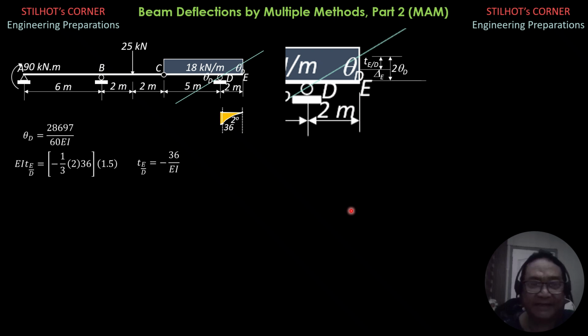For theta E, because this is E, draw a line from D to E, tangent at E. This is theta DE, tangent at D to tangent at E. Then that's theta DE clockwise. So this is expected negative because there is negative.